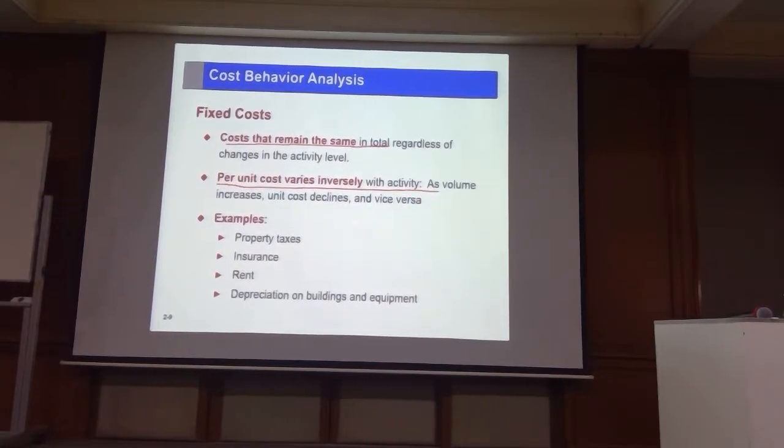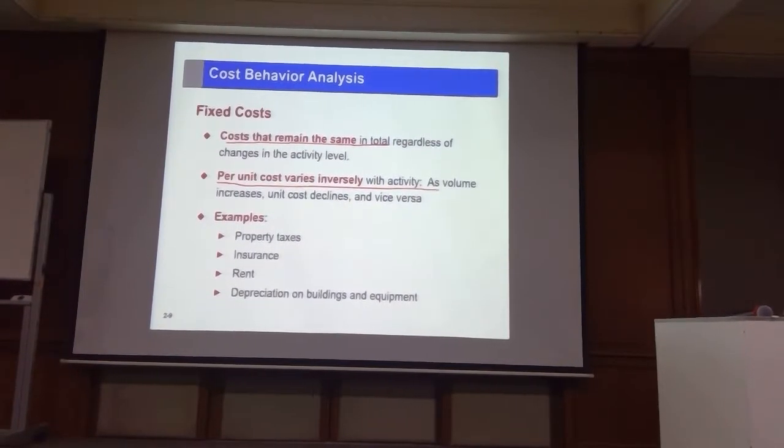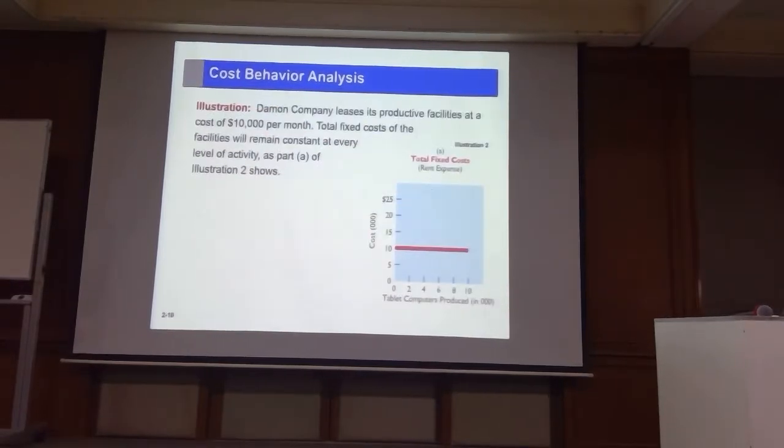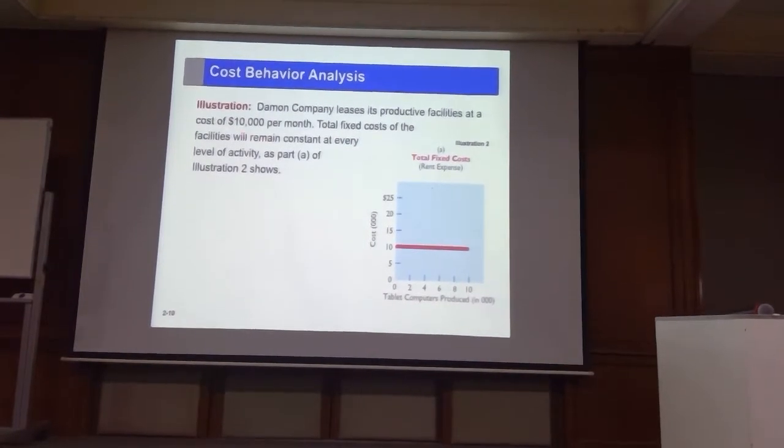In practice, examples of the fixed cost can be the property tax, insurance expense, or rent or depreciation expense that we mentioned earlier. Okay. Let's see the same company from the book. The book says this company leases the facilities at the cost of $10,000 per month. So the total fixed cost remains the same.